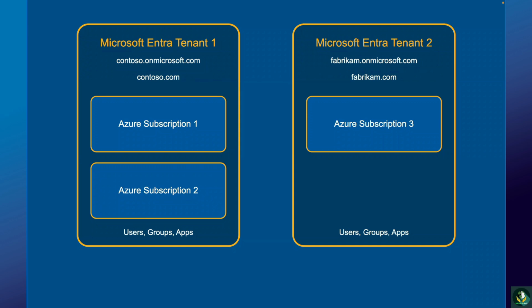Organizations can add custom domain names that they own to their Microsoft Entra tenant. A Microsoft Entra tenant also serves as a security boundary and a container for Microsoft Entra objects, such as users, groups, and applications. And of course, a single Microsoft Entra tenant can support multiple Azure subscriptions, as I've said, allowing for flexible and scalable resource management.